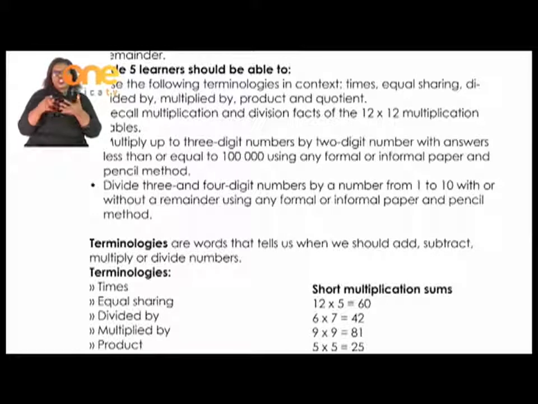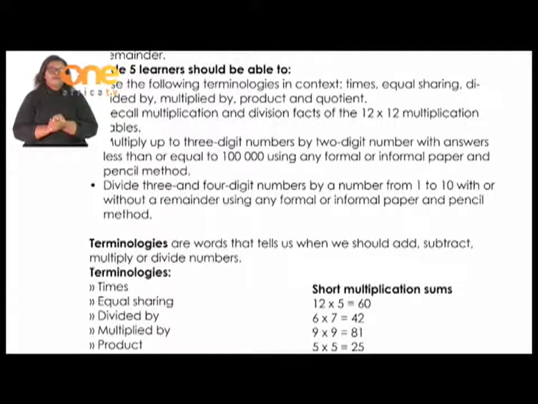The third competency, learner should be able to multiply up to 3-digit numbers by 2-digit number with answer less than or equal to 100,000 using any formal or informal paper and pencil method. Last competency, the learner should divide 3- and 4-digit numbers by a number from 1 to 10 with or without a remainder using any formal or informal paper and pencil method.